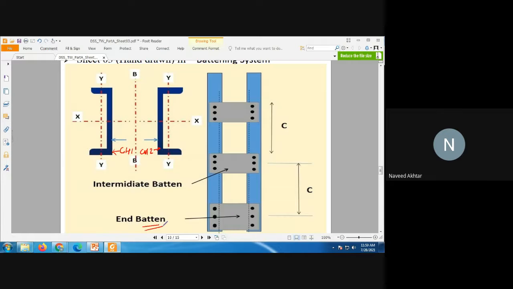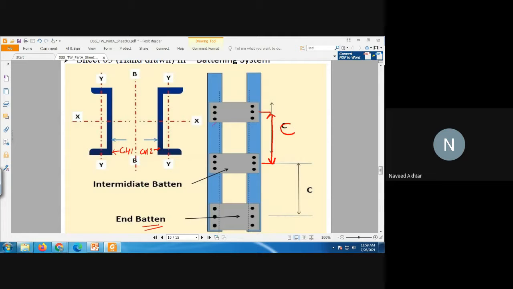It may be at the extreme top or extreme bottom, so they are called end battens. The requirement of end battens and intermediate battens is different. Then the center to center distance between the two battens is nothing but your C, the center to center spacing of your battens.